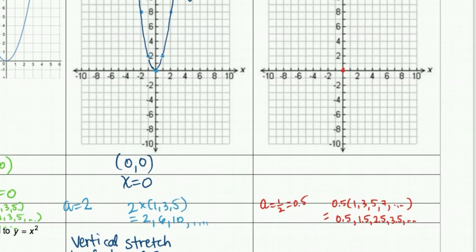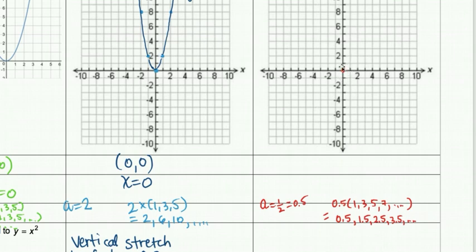From the vertex, you're still going to go over 1, up whatever the step pattern says. In this case, you're going up 0.5 for the first one. Then you still take a full block over, go right 1 from wherever that point is, and then up 1.5, over 1, up 2.5, etc.